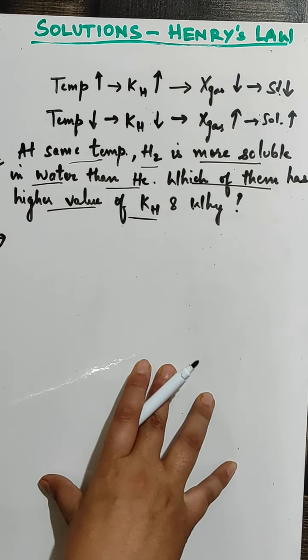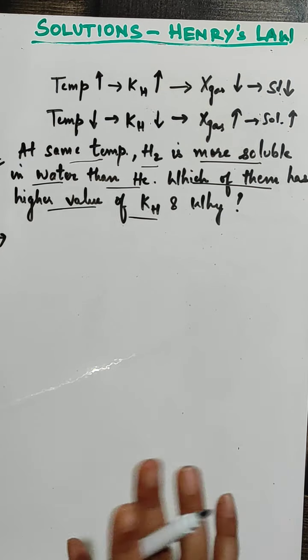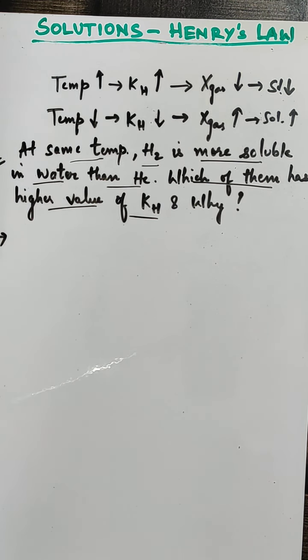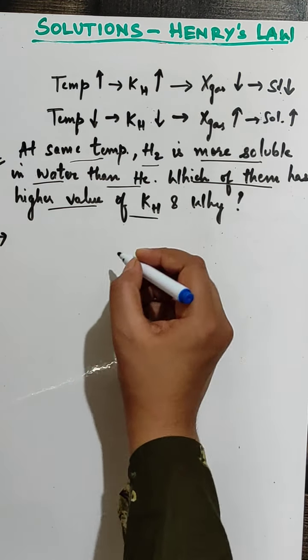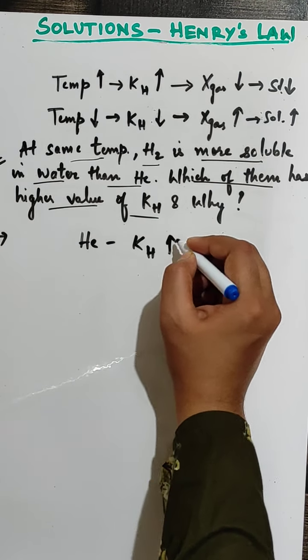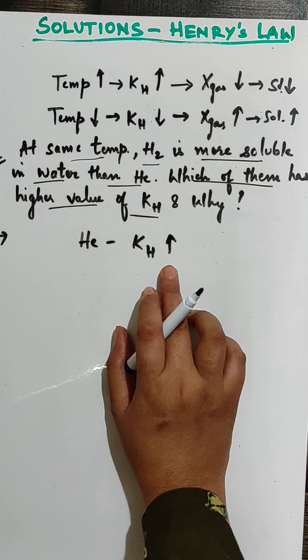This is because in the previous example you must have seen that the value for helium was 140 and that of hydrogen was 75. So helium has a higher value of KH.